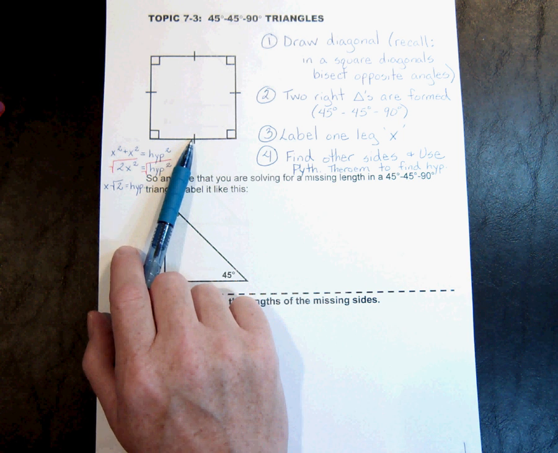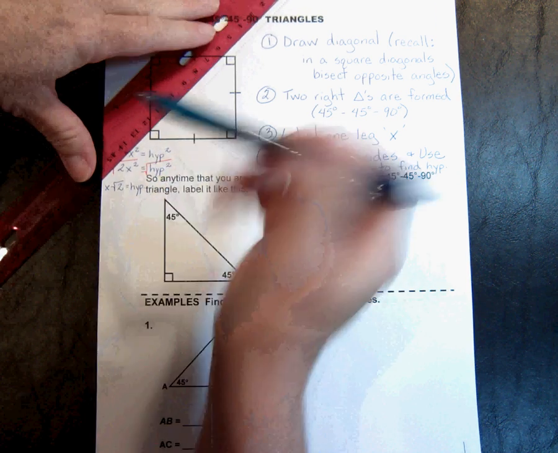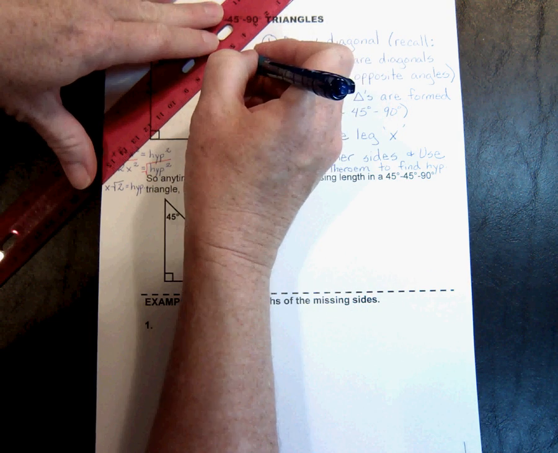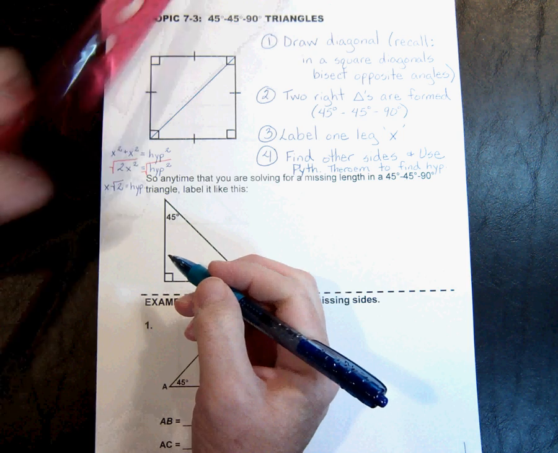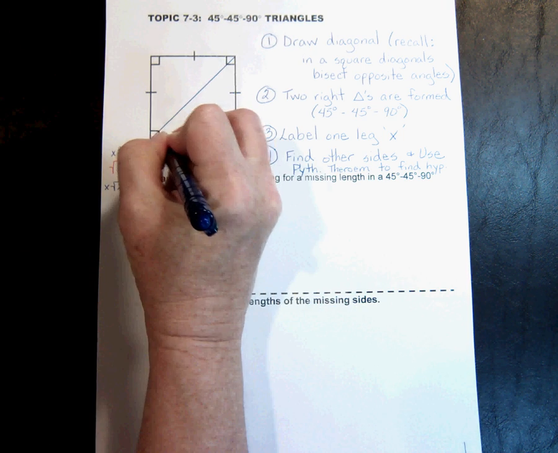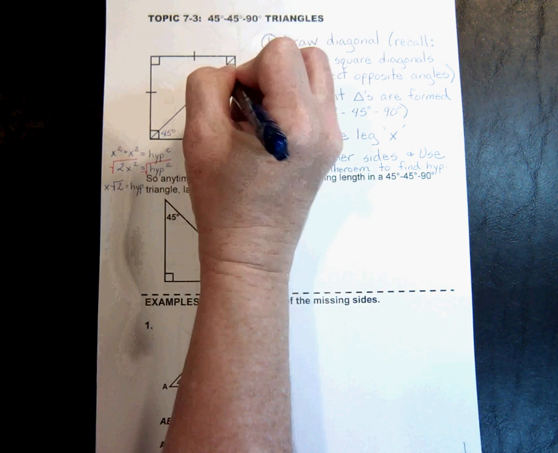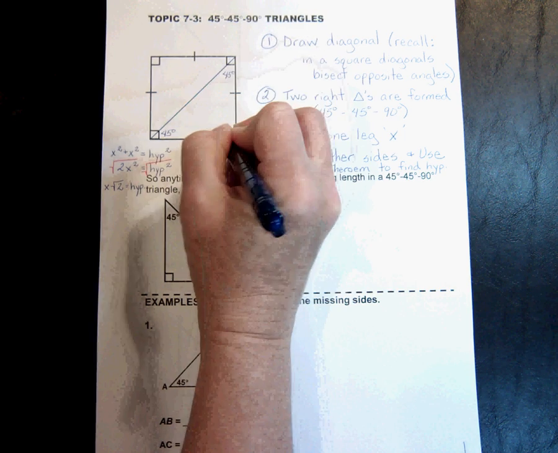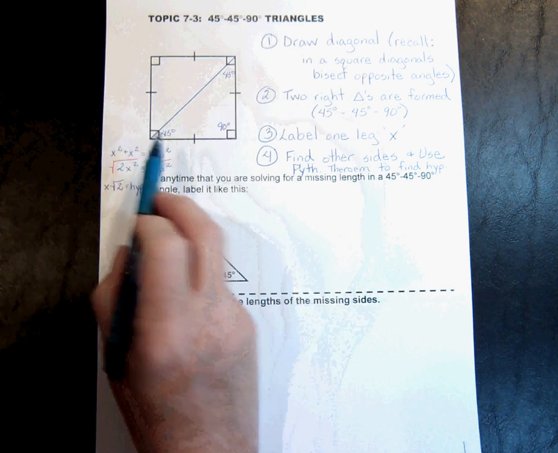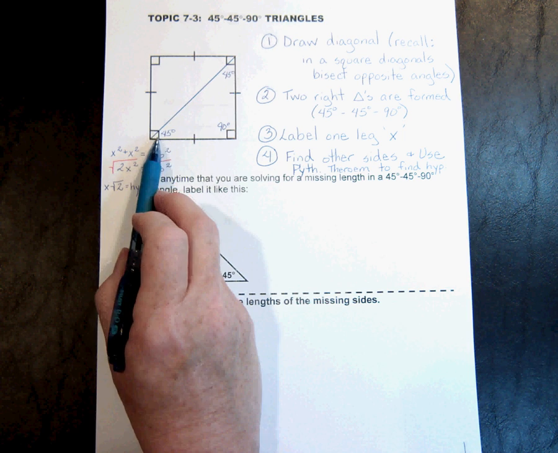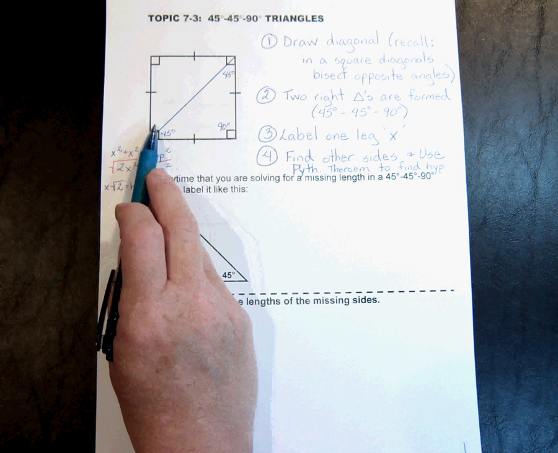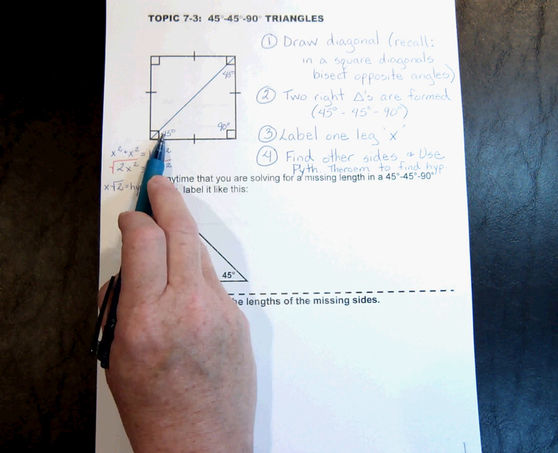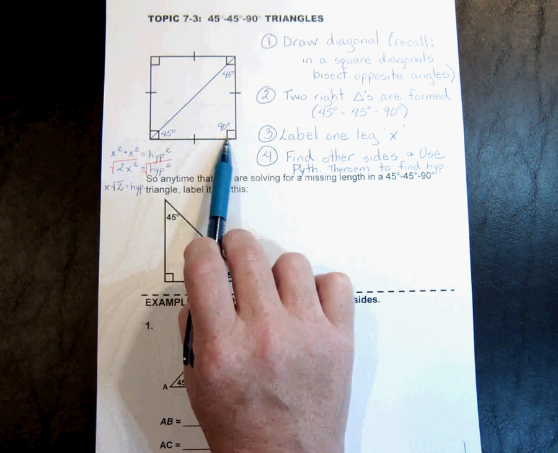So if you draw a diagonal in any square, you've created a special right triangle that now makes up a 45, 45, 90 triangle. Because cutting a diagonal through a square cuts a 90-degree angle into two equal parts, 45 and 45. So this particular triangle is what we're looking at.